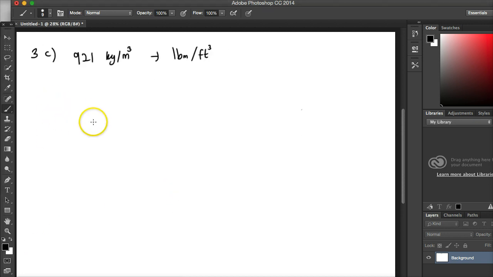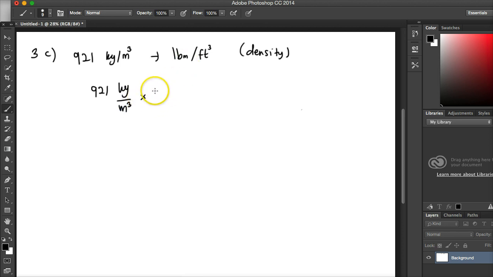This is question 3C, and it wants us to convert 921 kilogram per meter cube to pound per cubic foot, which is density. So that's easy. 921 kilogram over meter cube.